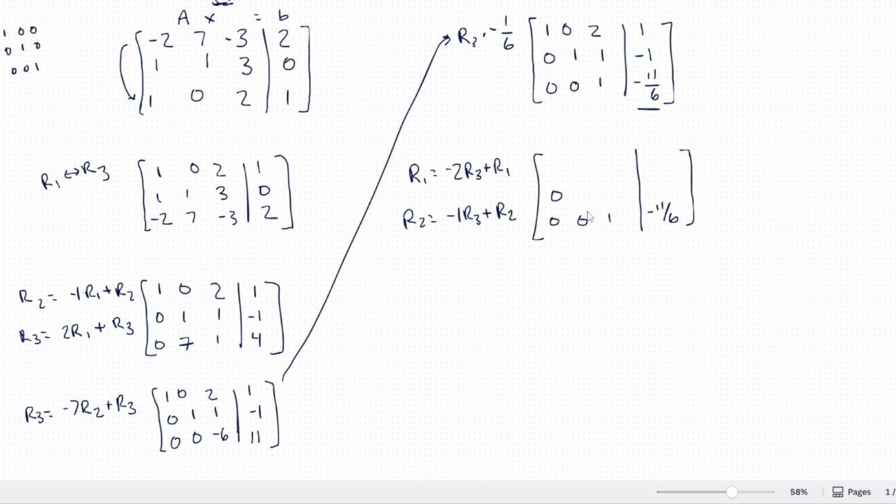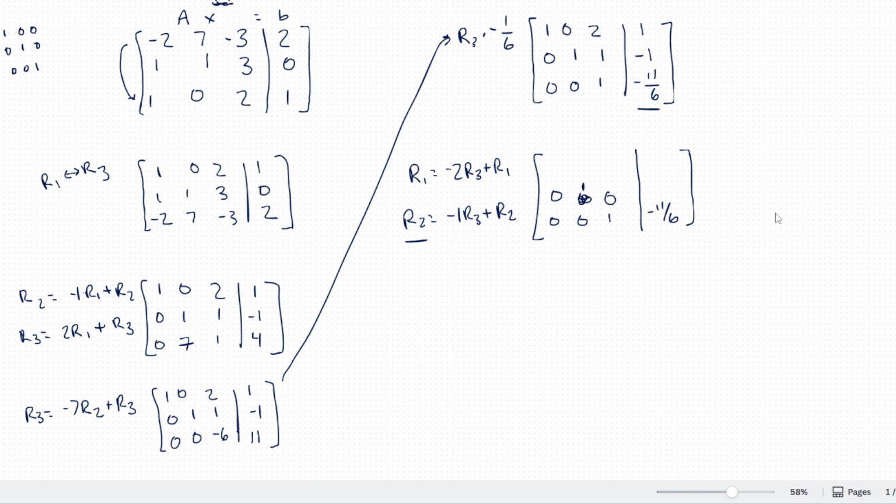And now we'll have to do a little bit of fraction math with this one right here, so we'll have 0 here and 0 times, we'll do R2 first. So 0 times negative 1 is 0, 0. So this is going to be 1. And then negative 1 times 1 is negative 1 plus 1, we'll have our 0.